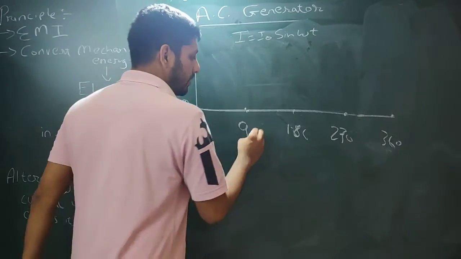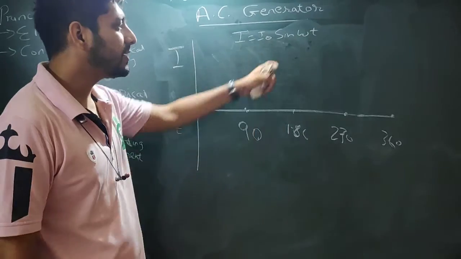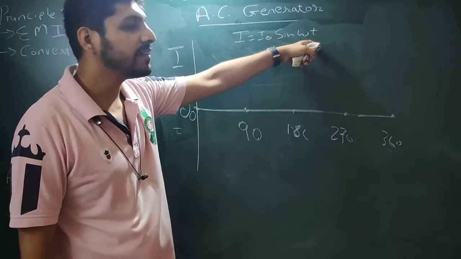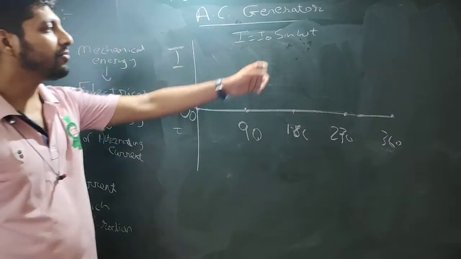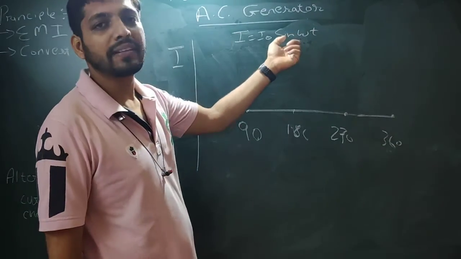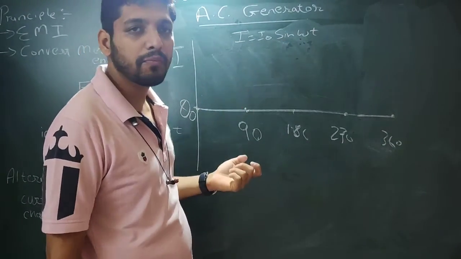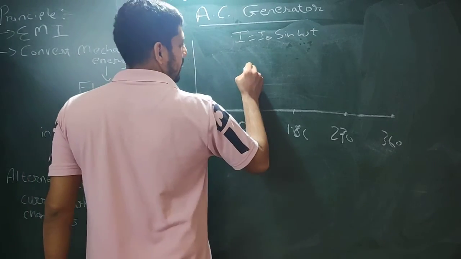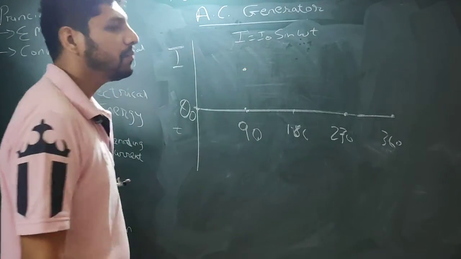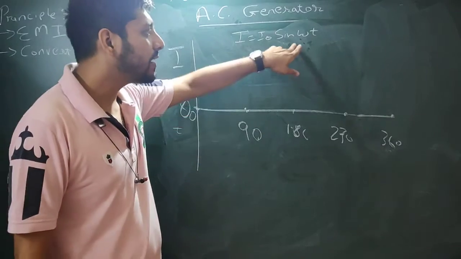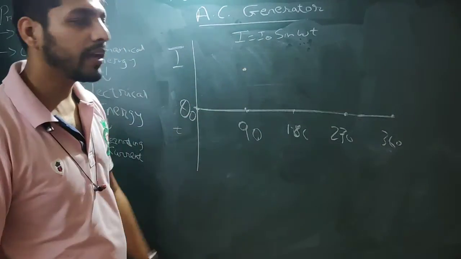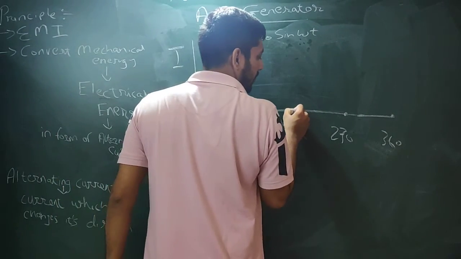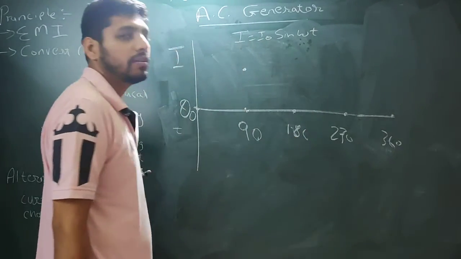At some point when theta is equal to 90, what will happen? Sine omega t will become 1. At that time it will have the maximum current, or the maximum value. So suppose at this point it is the maximum value. Once again at 180, sine 180 will become 0, so the whole term will again become 0, so the value of current at this point will again be 0.